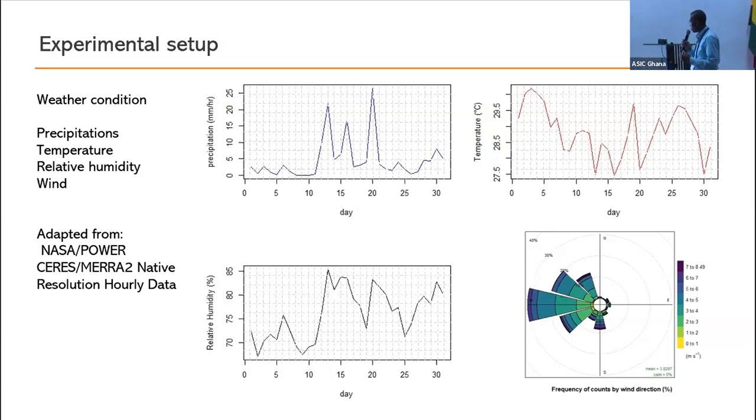Since we were on the ground, it was raining for some of these days, and we can confirm that. For the wind also, it's logical because we are close to the Sahara. So when it rains, it means that the humidity is coming from the west, from the Atlantic coast. We can continue. Next.